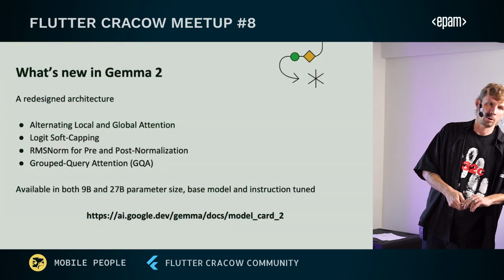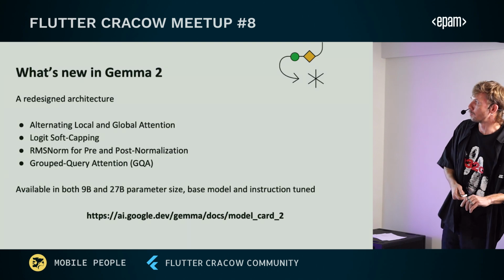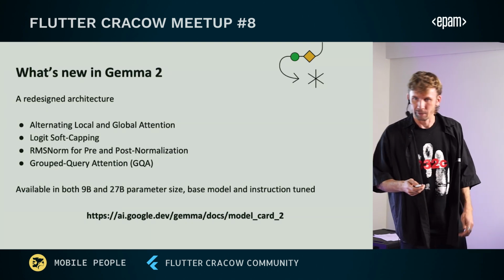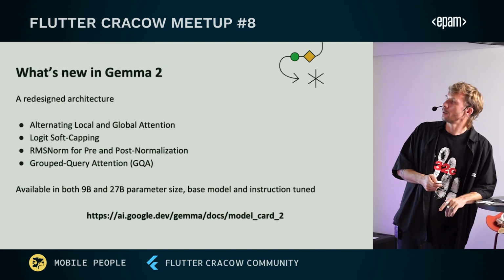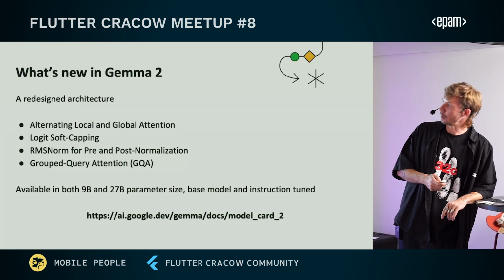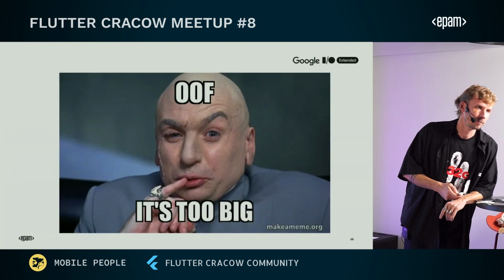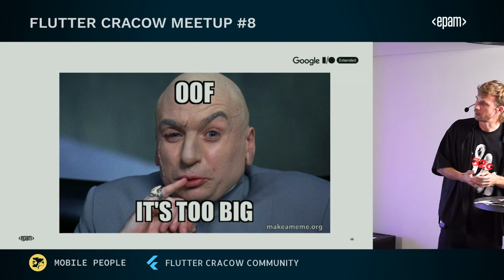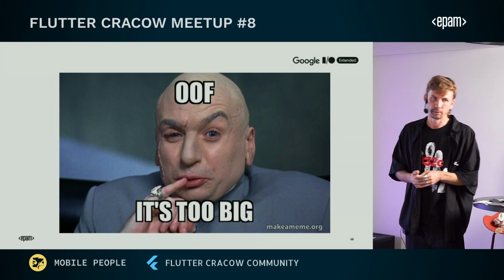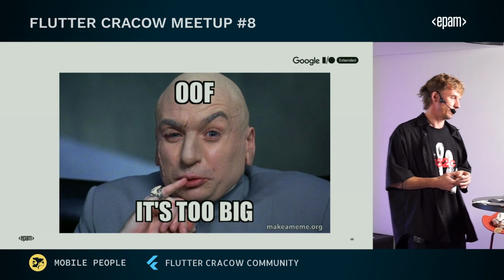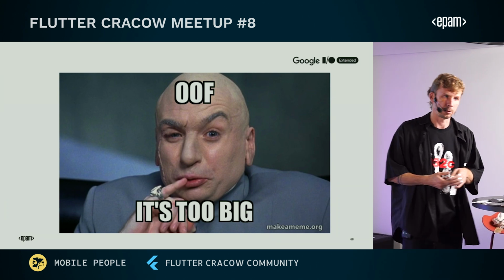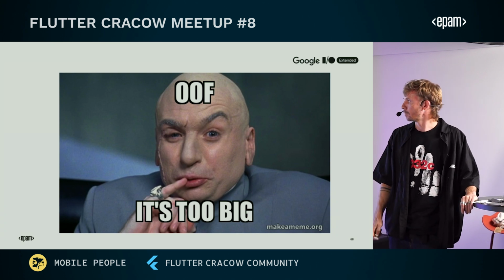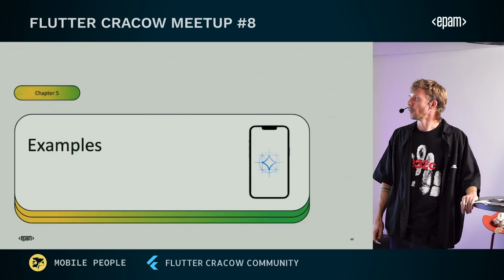Gemma 2 is much more powerful than Gemma 1, but it has one concern from a mobile perspective. To upload it to a device, it doesn't work. It's too big for a mobile device. It's fine for laptops or small desktops, but mobile doesn't work with Gemma 2.